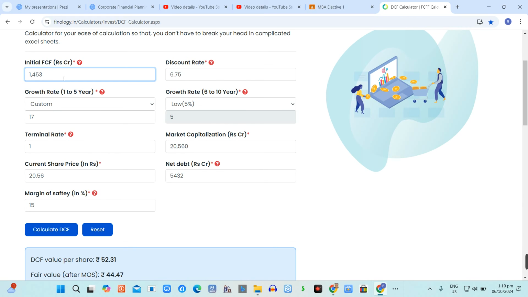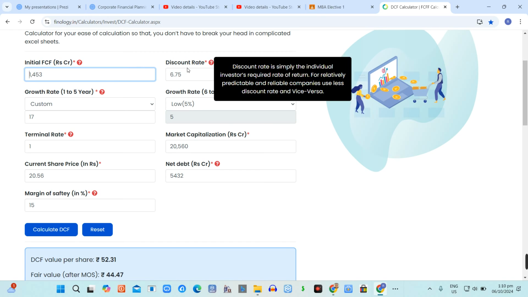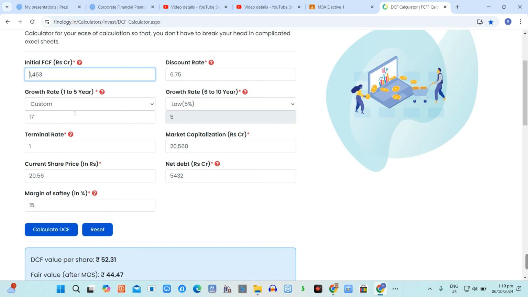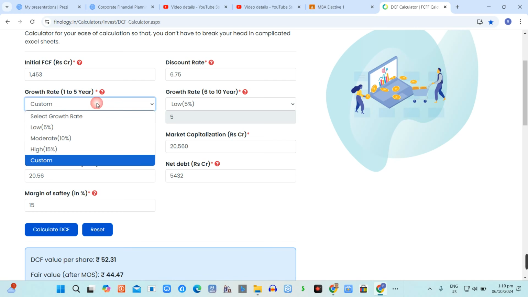So 1453 multiplied by 1.17 would be for the first year, the second year, the third year, the fourth year, the fifth year. So this is quite high.